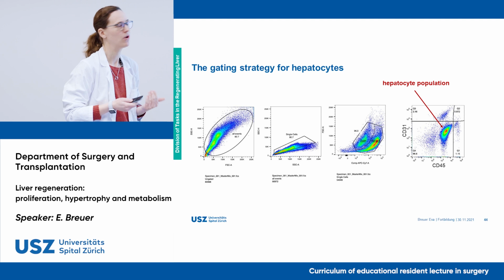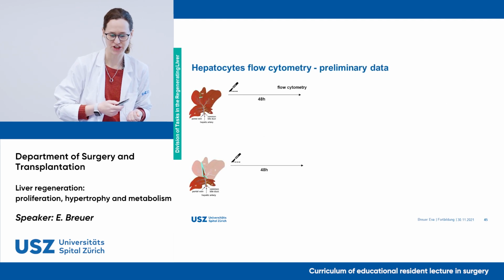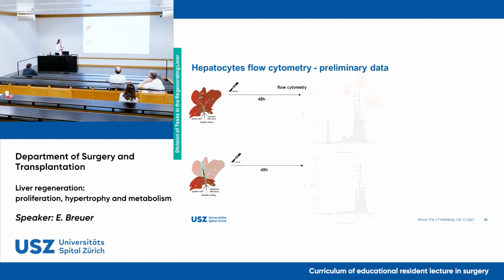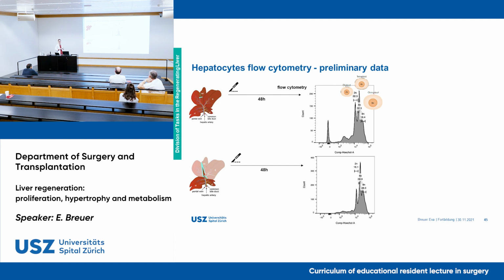So we have here a more or less pure hepatocyte population, and now I looked at, for example, the ploidy state after hepatectomy. On top is the sham operation, and here is the state after hepatectomy. This dye is called Hoechst, and the more DNA content is in there, the more to the right is the peak.